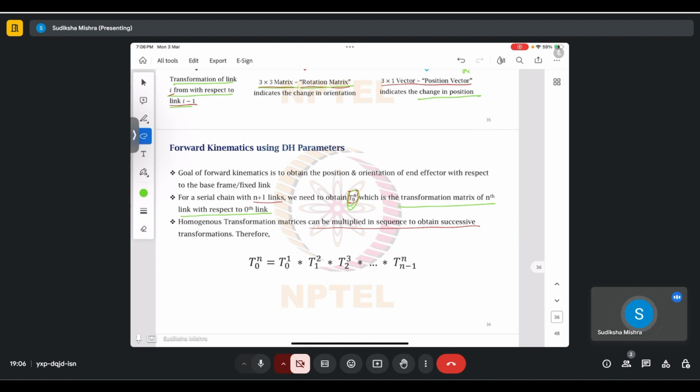This can be obtained by multiplying the homogeneous transformation matrices from T01 to T n minus 1 n, and the multiplication is always in this direction. If the multiplication is in the other direction, even though the final magnitude, if computed, may be the same, the vector map that we get is not the same.